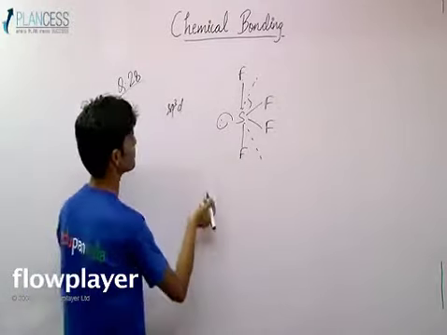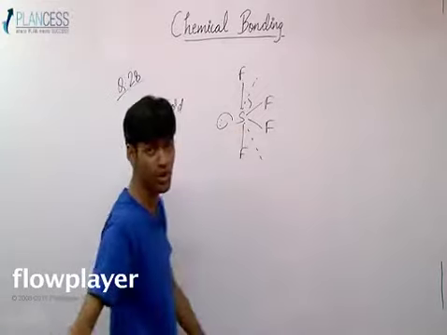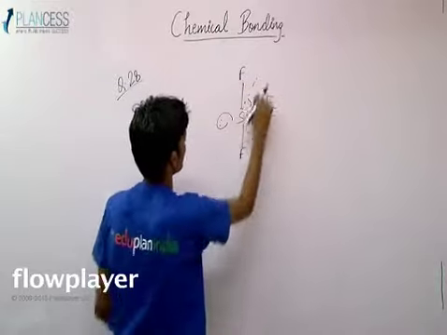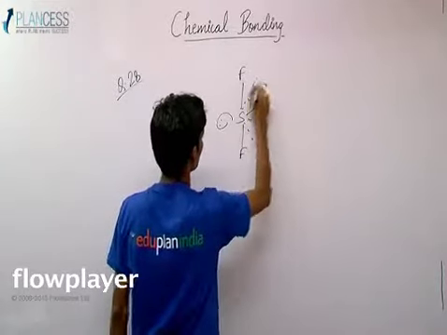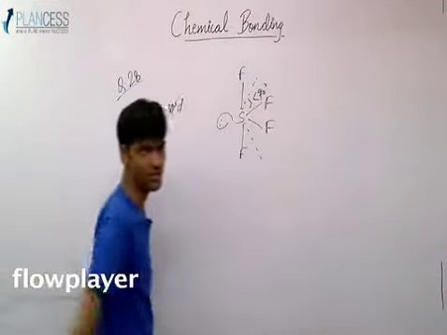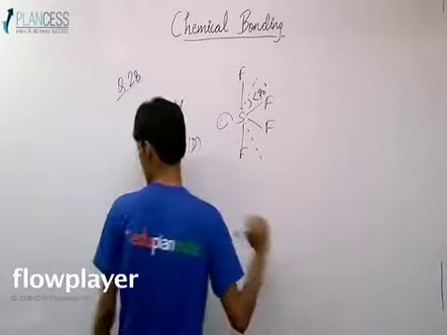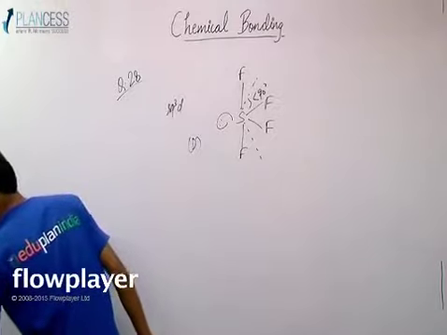So the second statement is true, but the first statement, that all the bond angles are greater than 90 degrees, is not true, because it is a seesaw structure and this angle is less than 90 degrees because of this lone pair bond pair repulsion. So the correct answer would be D, that statement 1 is false and statement 2 is true.